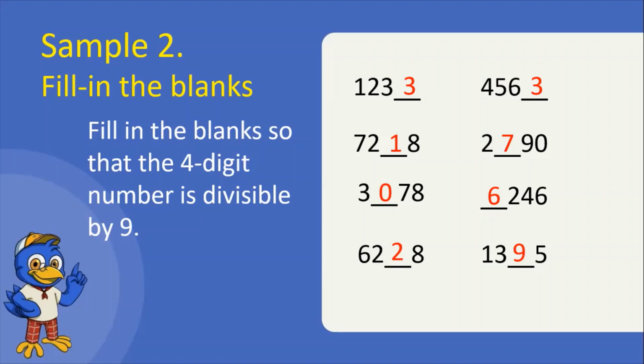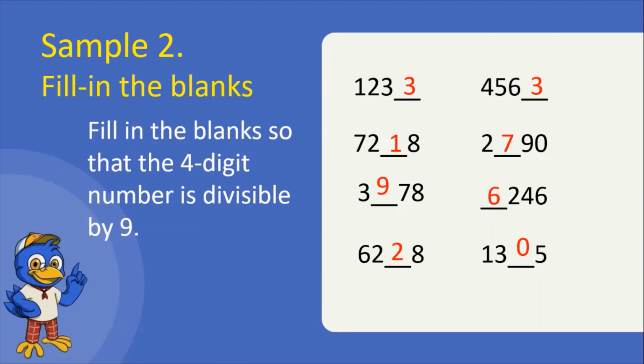The hundreds digit may also be a 9 because 3 plus 9 is 12, plus 7 is 19, plus 8 is 27. So the sum of the digits is divisible by 9. So you can easily check that 3,978 is also divisible by 9.